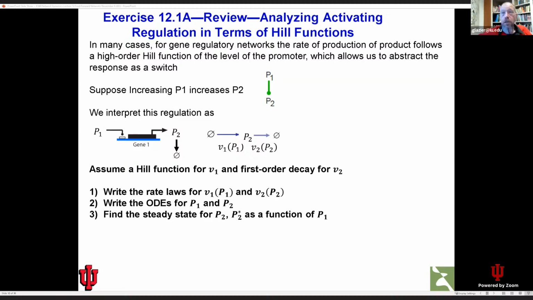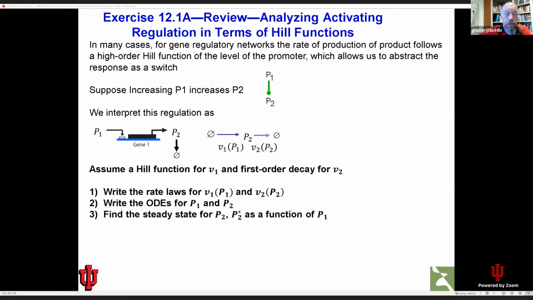And so what is the ODE? There's only one chemical species, so there's only one ODE. So that would be the incoming rate, or V1 minus V2. Perfect. Connor mentioned you could also add a basal rate to that. So that would add a constant. That's right.